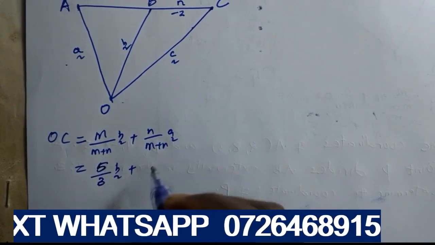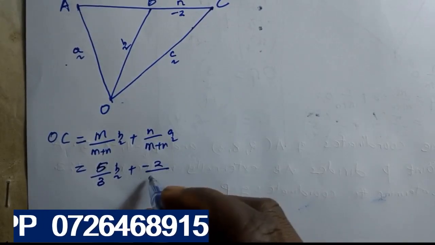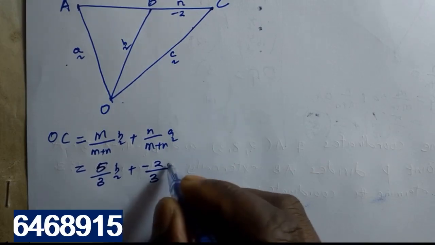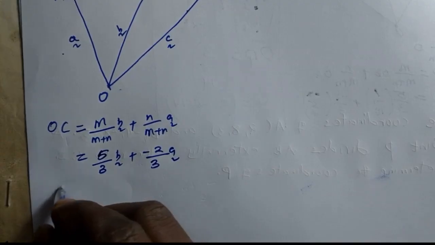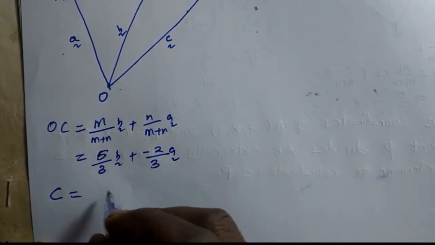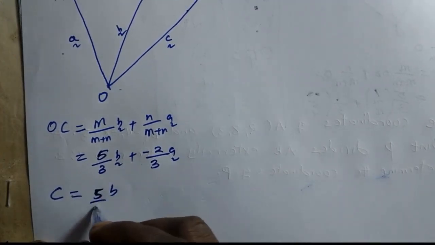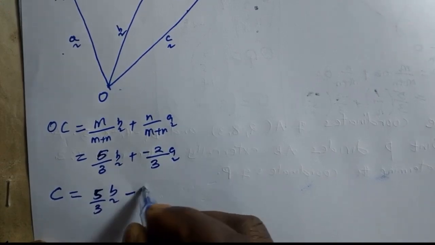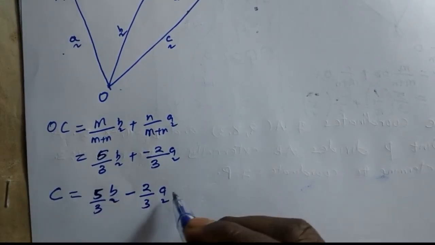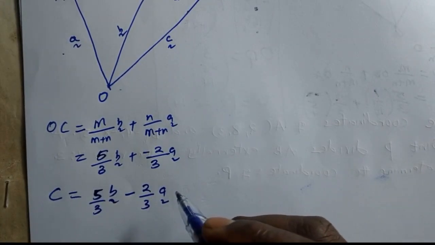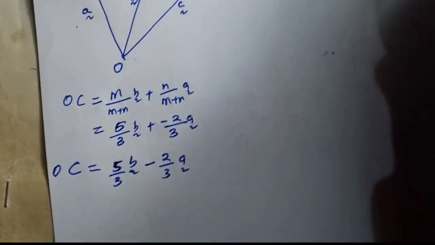So OC is equal to 5B over 3 plus -2 over 3 A, which is 5B over 3 minus 2 over 3 A. So this is the position vector OC in terms of A and B.